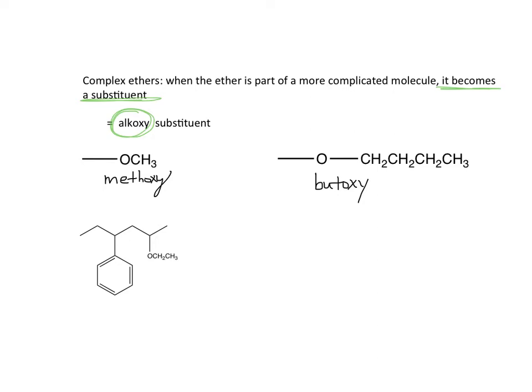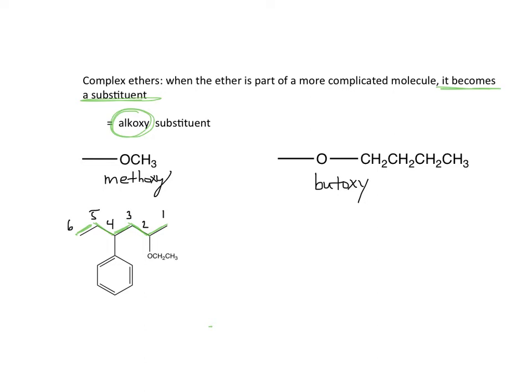So looking at this molecule right here, let's first identify what is probably going to be our parent, which is this chain right up here. We'll treat that as the parent. So we have a phenyl substituent and an ethoxy substituent. We'll number the chains starting at the nearest branch point, so that will be towards the ether side. 4, 5, 6, so it's going to be a hexane.